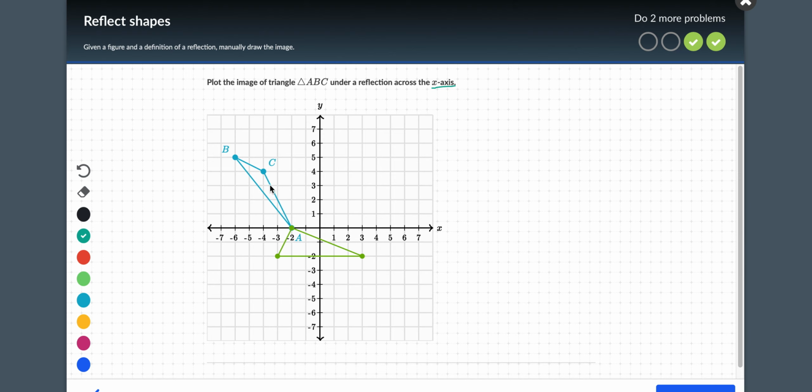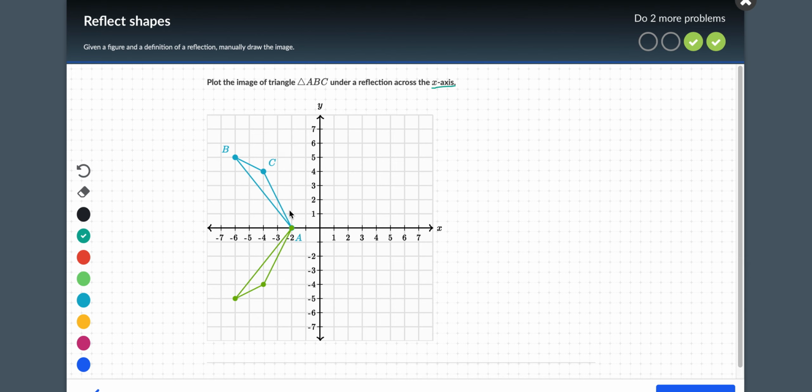Alright, so now, C is 1, 2, 3, 4, and 1, 2, 3, 4. So right there. And B is 1, 2, 3, 4, 5, and then 1, 2, 3, 4, 5.